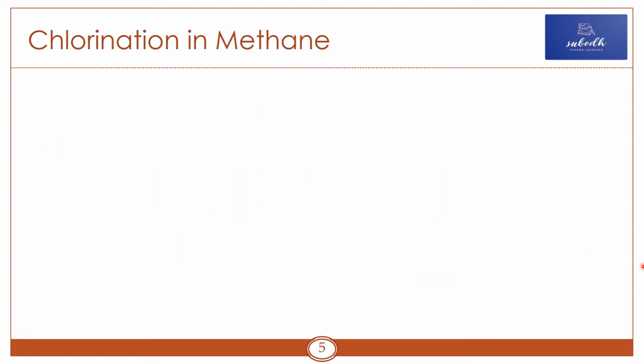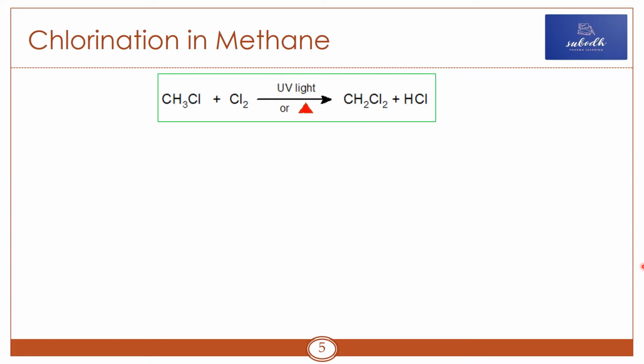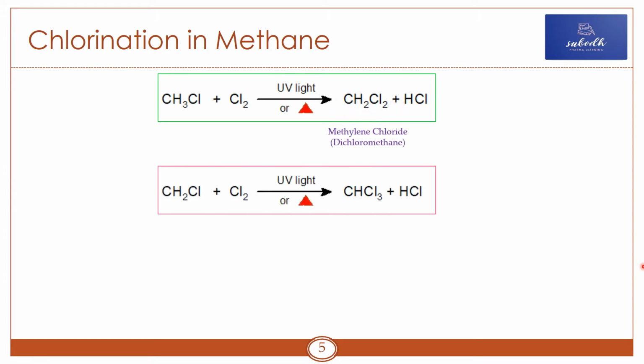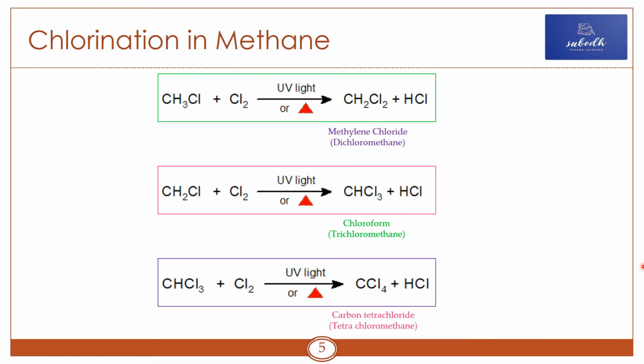to give dichloromethane, that is methylene chloride, trichloromethane, that is chloroform, and tetrachloromethane, that is carbon tetrachloride. In actual practice, all these four substitution products can be obtained, but the extent of each product formed depends upon the initial chlorine and methane ratio.